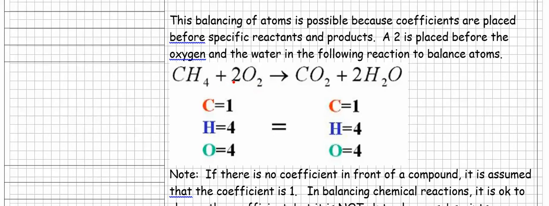So why the 2's? Why do we have to have a 2 coefficient here and a 2 coefficient here? Well, let's count up the atoms after we put the coefficients in front. Let's start with carbon. I've got a 1 in front of the carbon. If there's nothing there, it's understood to be a 1. So 1 carbon there, 1 carbon there. So on both reactant and product side of this reaction, there's a 1. So carbon is balanced. Fantastic.